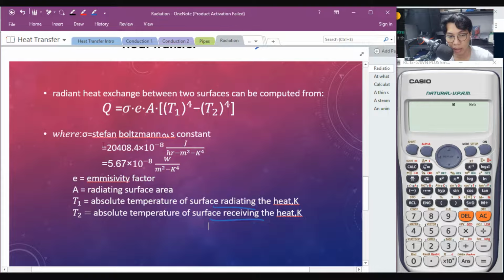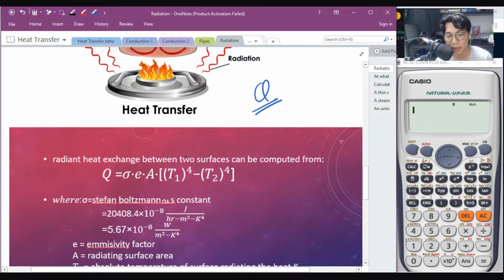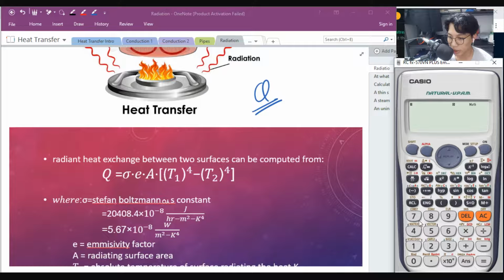Sa calculator natin, paano natin mahahanap si Stefan Boltzmann? If I can remember, go to your calculators, press Shift 7, hanapin mo si Stefan Boltzmann constant. I think that is 31. Oh, yan, hugis kuto. Stefan Boltzmann hugis kuto.